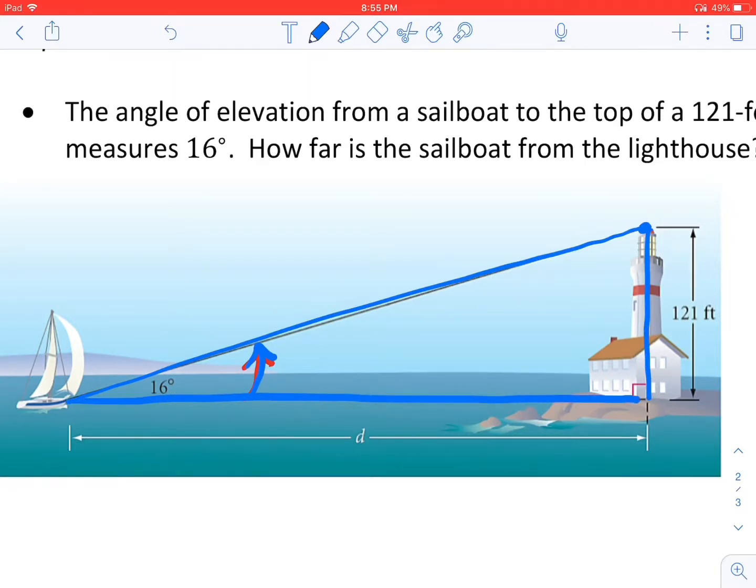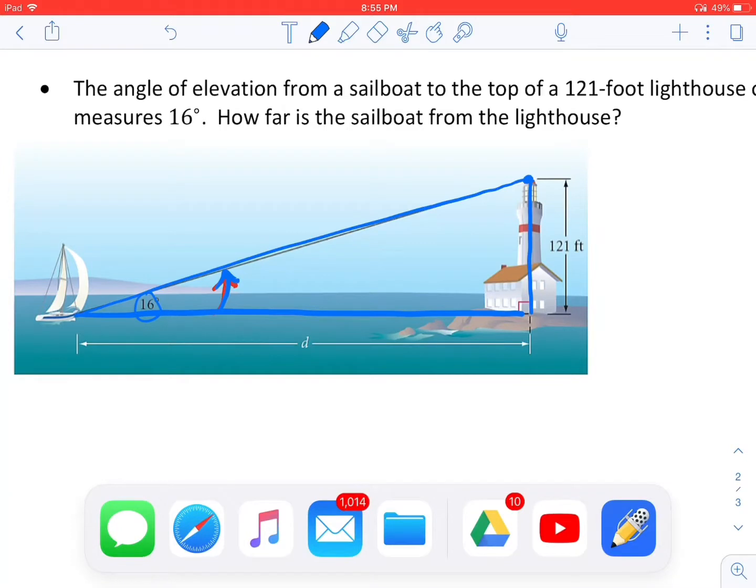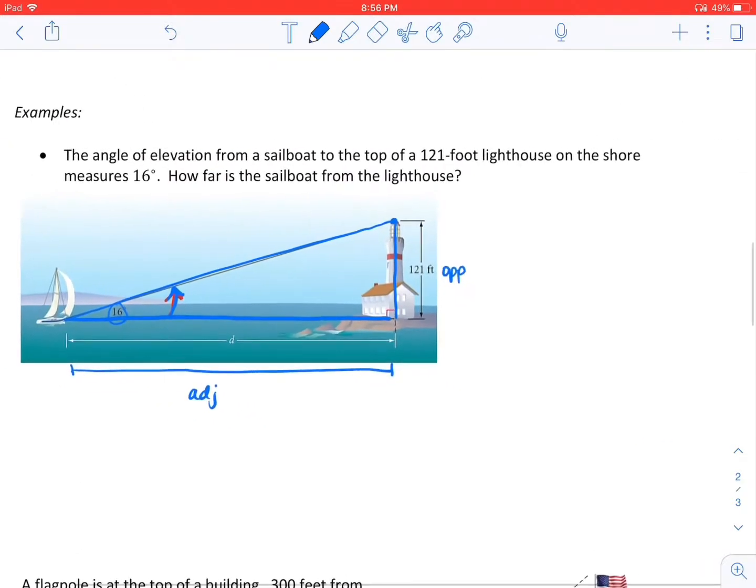Therefore, we can set up a trig function that uses this angle of 16 degrees and some given values or some missing values in the diagram. We're told that with respect to the 16-degree angle, the opposite side is 121 feet, and we're trying to find the distance between the sailboat and the lighthouse, which happens to be the adjacent side.